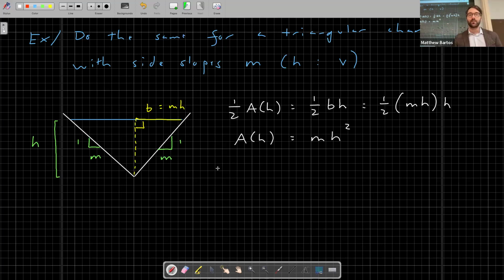All right, what about the wetted perimeter? So again, we're talking about this line segment here, plus this line segment here. What's an expression for just the length of this line segment here?